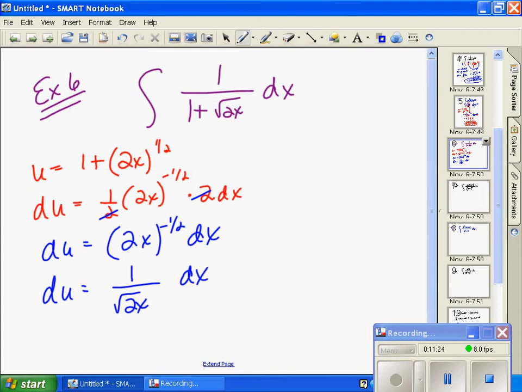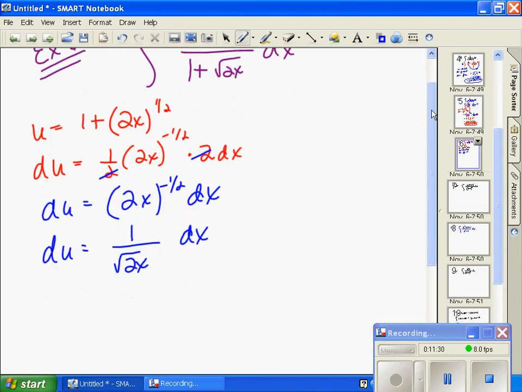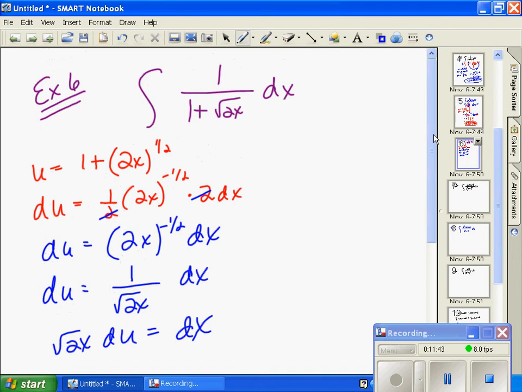Okay, so I'm going to think about this. Could I do, let's cross multiply, square root of 2x du equal to dx. If I get dx by itself, that's not really helped me much. Let's think about that. I would have the square root of 1 over u, and if I substitute in for dx, I get square root of 2x du.